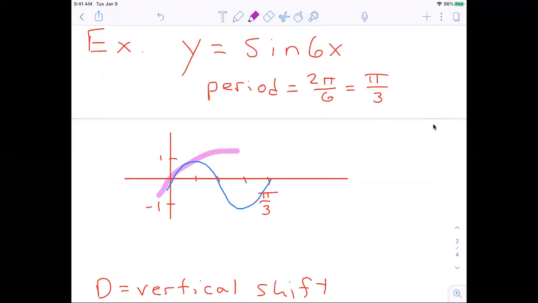It would look like this. But what that 6 does is it scrunches the graph so it looks like the blue graph. So the number in front of the x squishes the graph, or it can expand it also.